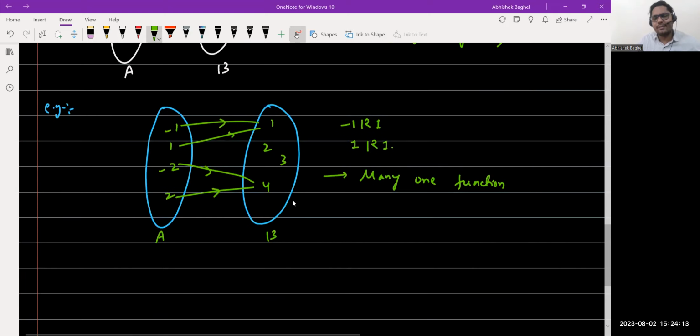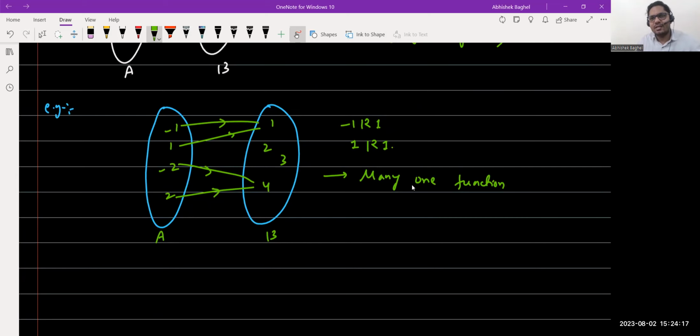While in this example, you can see that -1 and 1 both are related with a single element. So they are having the same image. This one is the pre-image and this one is the image. Let's say you stand in front of a mirror. If the mirror functions properly, you'll get a single image.